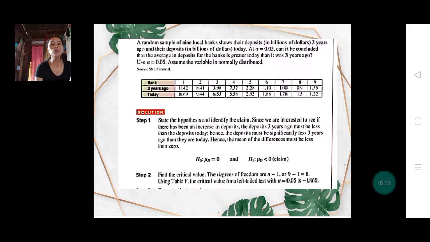So after that, we find in table F the critical value for a left-tailed test with alpha equals 0.05, which results in 1.860.